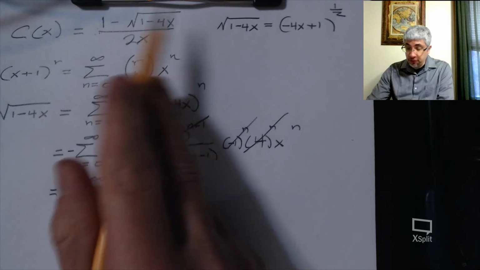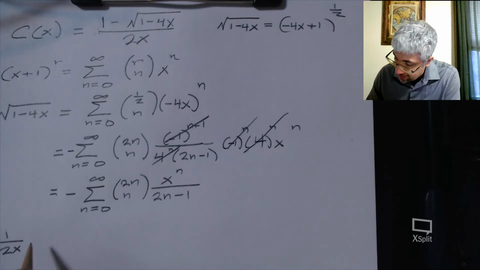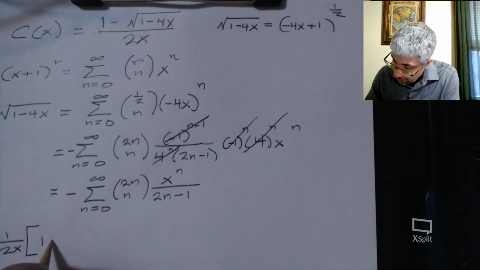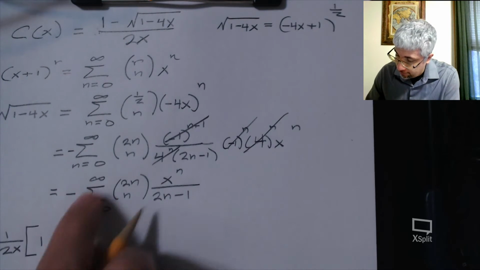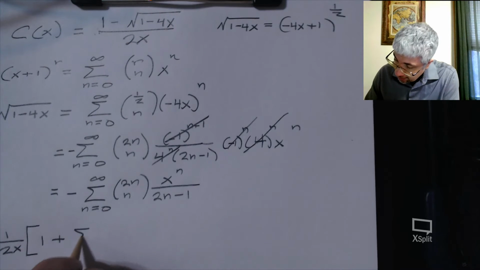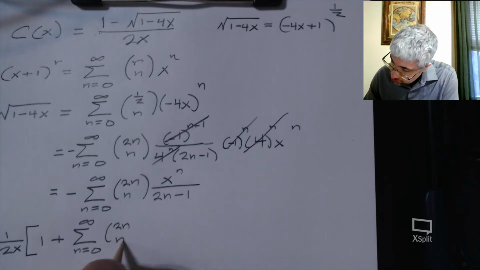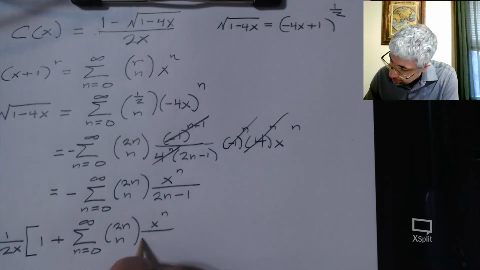So let's put everything together now. What I really want is 1 over 2x times 1 minus this piece here. But since this is a negative in front, this becomes a plus, and I'm going to get this right here. 2n choose n of this.